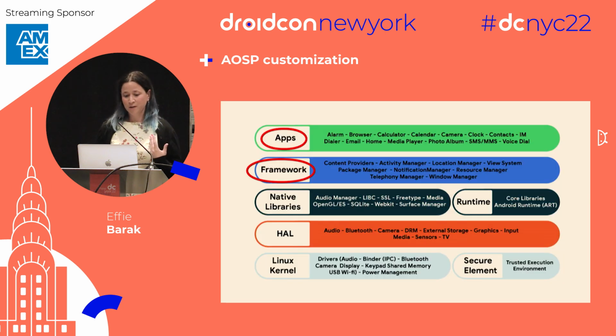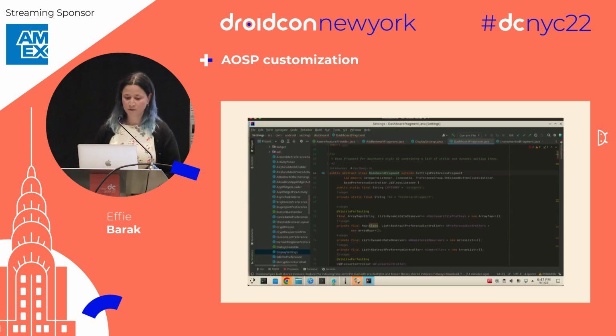So let's talk about development. If we said that we can easily change and make modifications to these top two rows, the framework stuff and the apps. For the framework stuff, again, we're here. This is how we'll change the framework, this is how we'll build it.